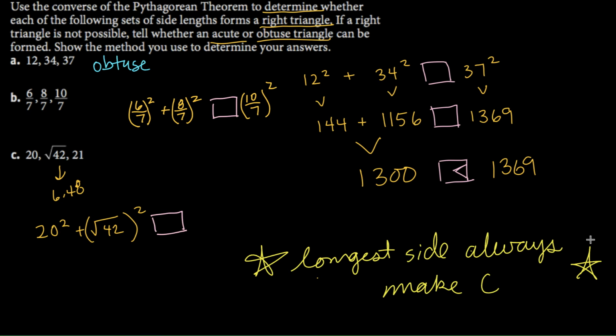How does it compare to 21? So 20 squared is 400. The square root of 42 times the square root of 42 gives you 42. And we want to know how that compares to 21 to the second power. My bad, I almost forgot that. So 21 times 21 is 441.